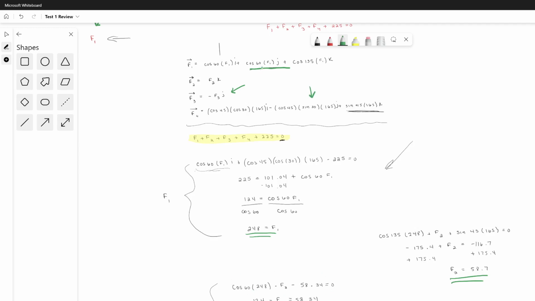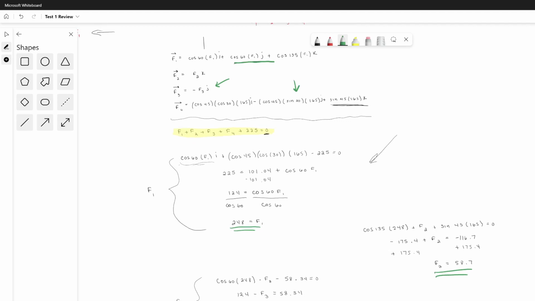So it'll be cosine of 60 times F1, and F1 we already know is 248. Put it here, minus F3, it's right here, minus 58.34, which is what this equals. Equals 0, you solve for it, and you get your F3.